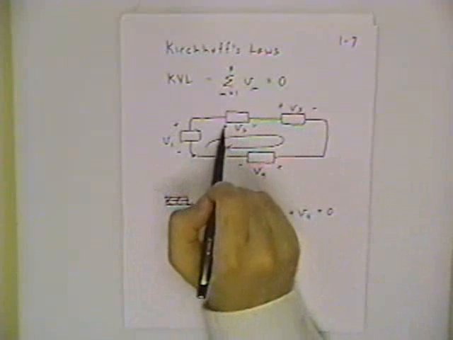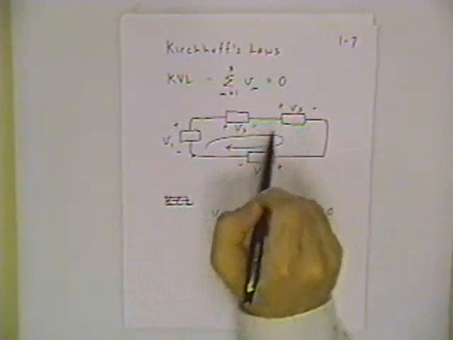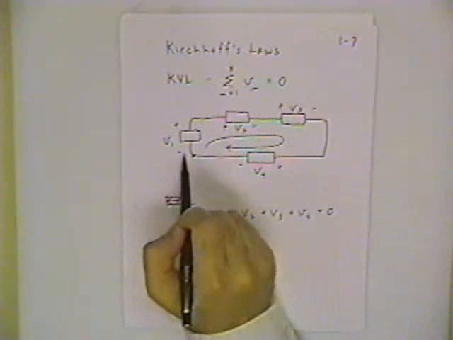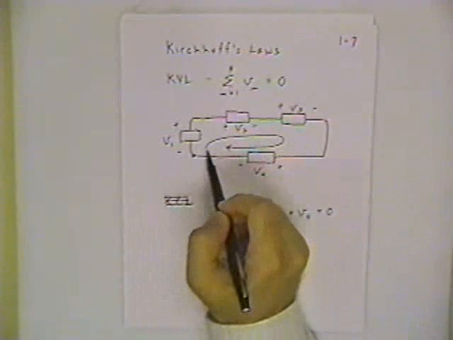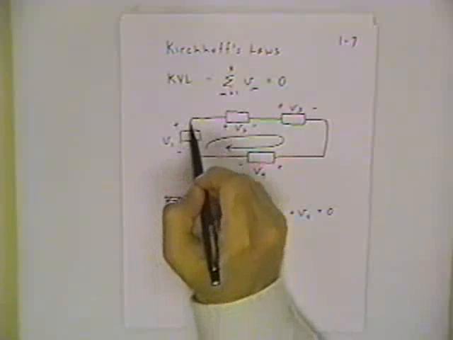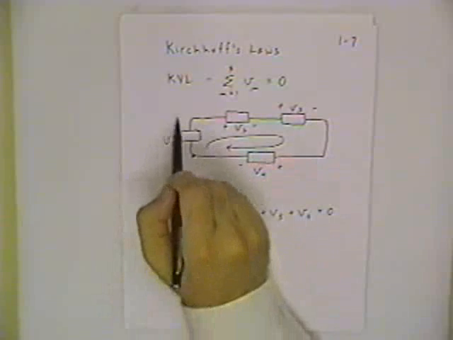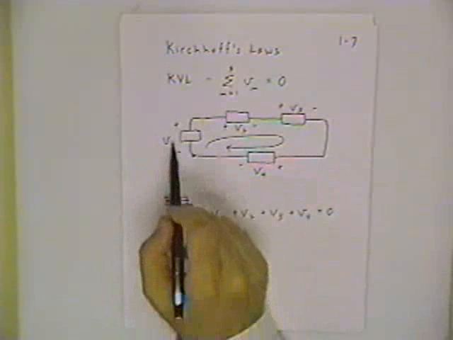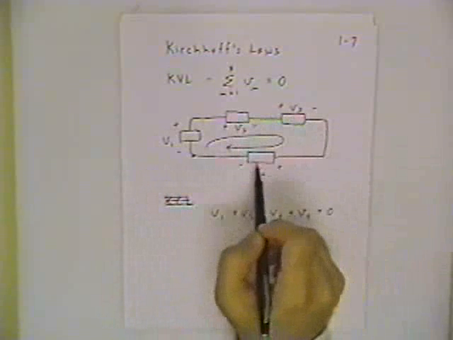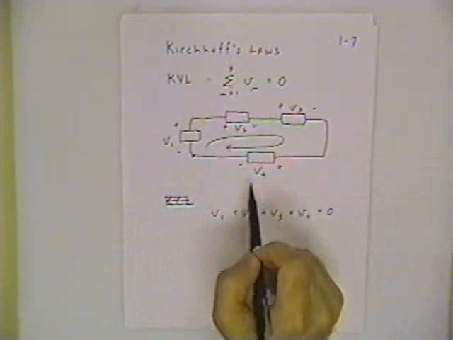I have to pay attention to the polarities. So one thing you can tell yourself is, every time I'm going through an element from lower to higher potential, then I must be increasing my energy, so I could call that a positive term and call all the rest of these negative terms.